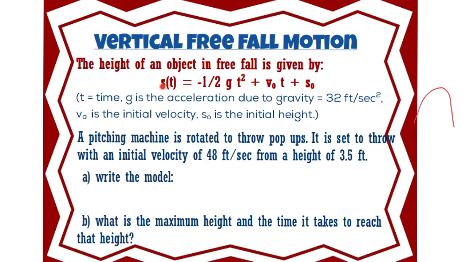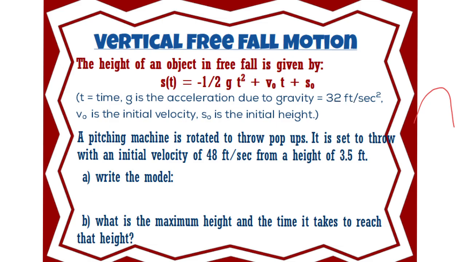I think of it like position. s stands for the position, and in this situation they mean the height of it. So it's the height with respect to the time. It's going to go up, and then come back down. g is the acceleration due to gravity, which is 32 feet per square second on Earth.